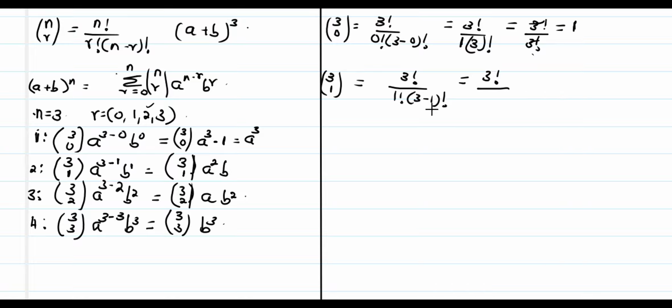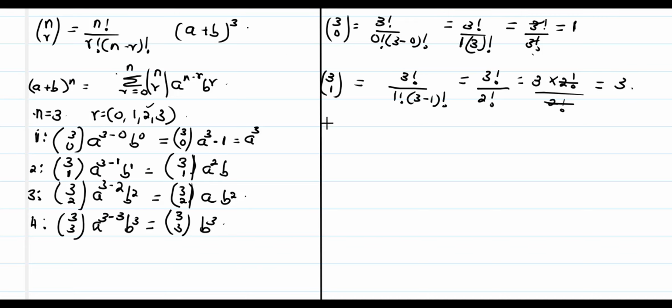So 3 minus 1 is 2, so 2 factorial, which now becomes 3 factorial all over 2 factorial. I taught this logic in lesson 6, you can review it. So I cancel this 2 factorial with this 2 factorial, and I remain with 3. So the second coefficient is 3.